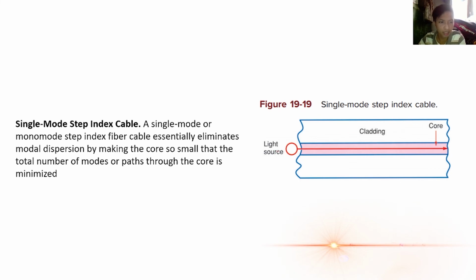So it makes the core so small so that it minimizes reflections like this and this and this and this, like that. So by making the core so small, it has this performance.